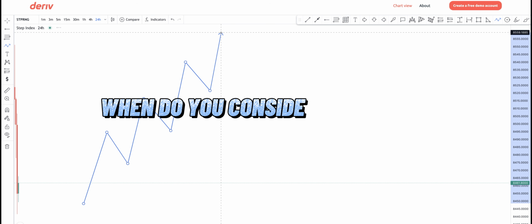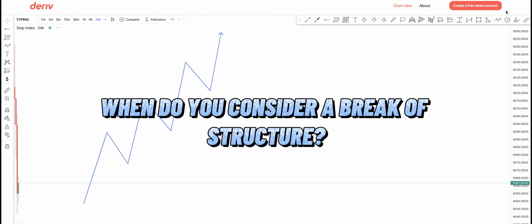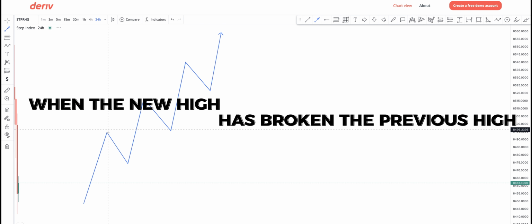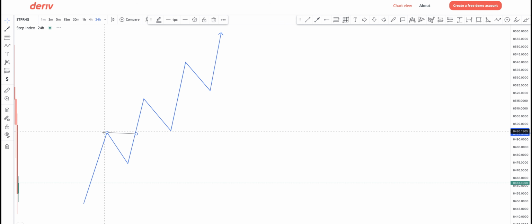So when do we consider a break of structure? We consider a break of structure when our new high has broken our previous high. So this is our previous high, and you can see that price pulled up and our new high here has broken the previous high.